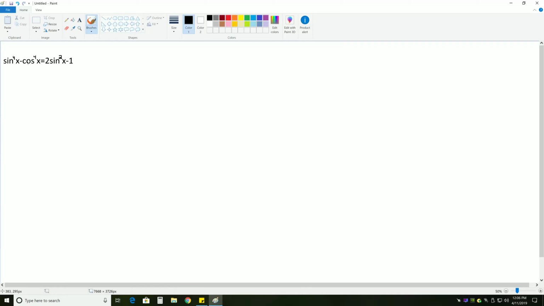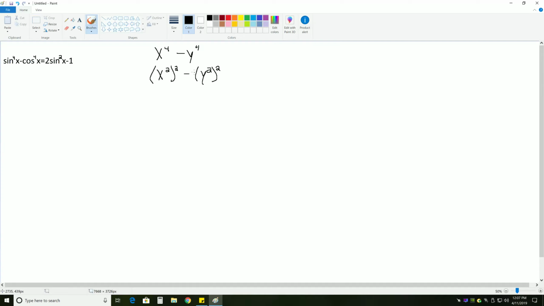So the first thing that we can do here is notice that we are subtracting two different exponents of 4. If we had something like x to the fourth minus y to the fourth, then we could rewrite this as x squared to the second power minus y squared to the second power.